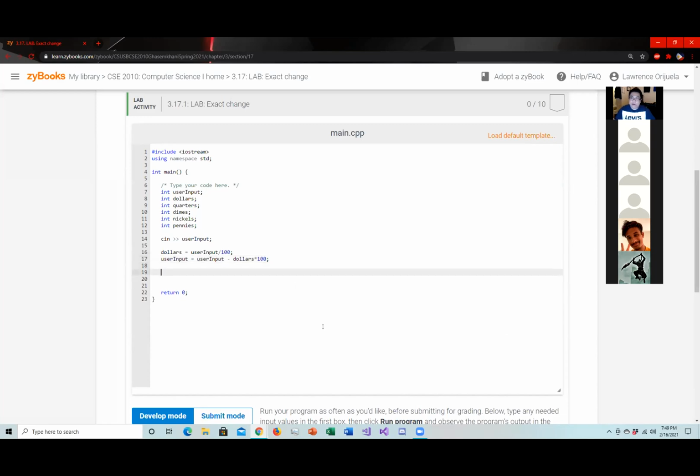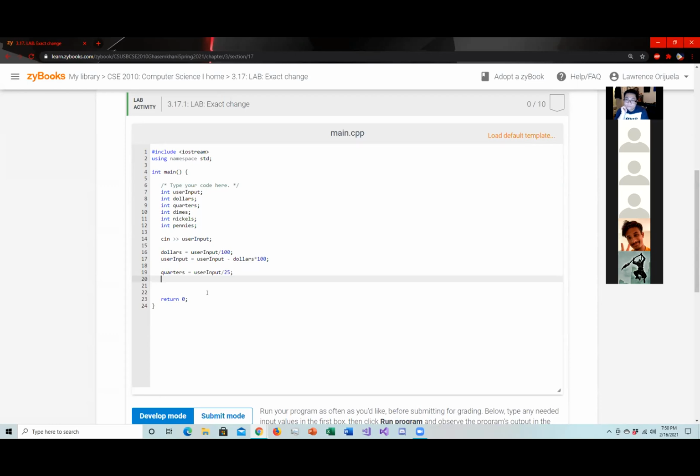So now, we covered dollars. How would we do quarters? We would say quarters equals user input divided by what value? 25. 25, right. Side note, should this all be in the if one or no?